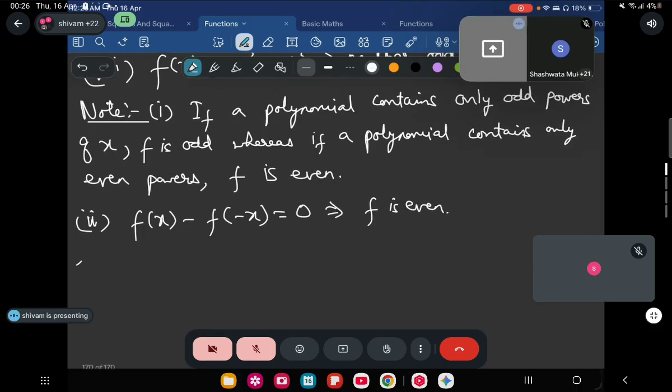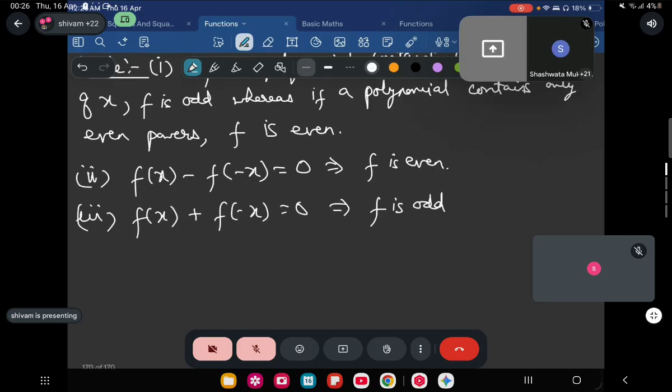Next, number 3. If you see that f of x plus f of minus x equal to 0, this implies f is odd. Next, number 4. Inverse of an even function is not defined.